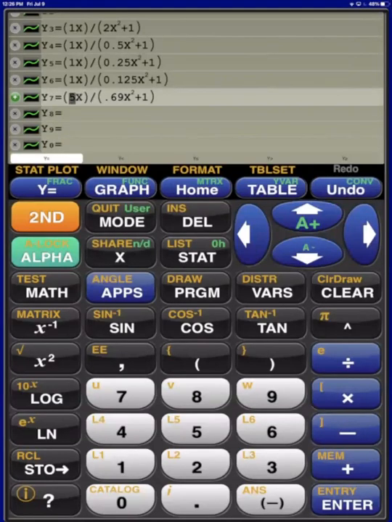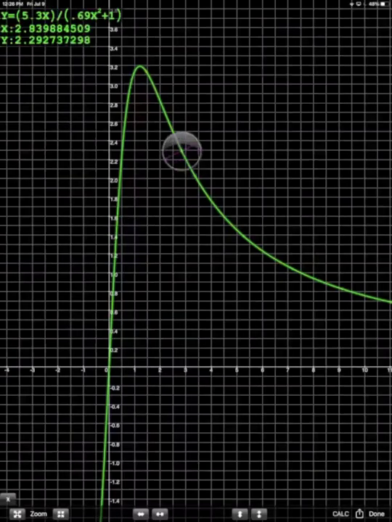It looks like it'll do it. So the t-value is 1.2 roughly, and the output is, if we round up, 3.2, 3.19. So we can see that the A is 5.3 and the B is 0.69.